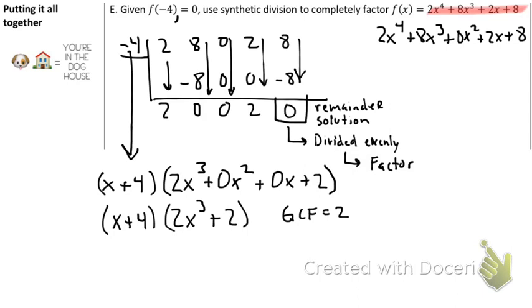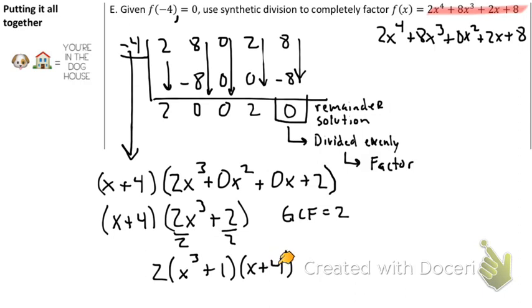I divide away my GCF, and that gives me 2 on the outside, times x to the third plus 1. The x plus 4 is still part of my answer, so I place it back here as multiplication. So x plus 4.